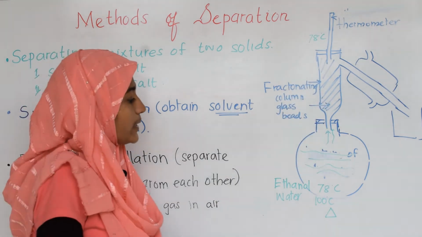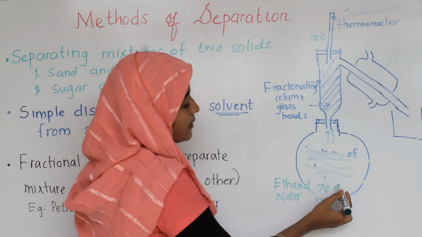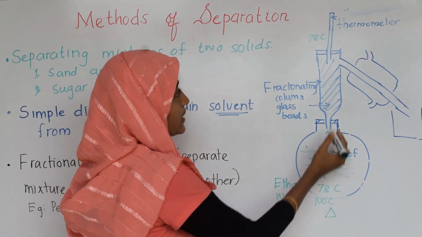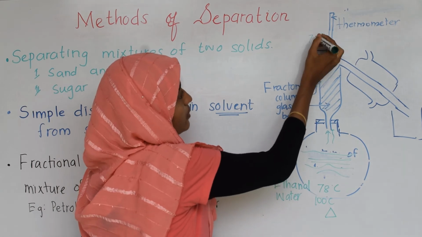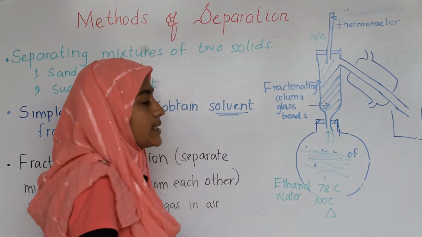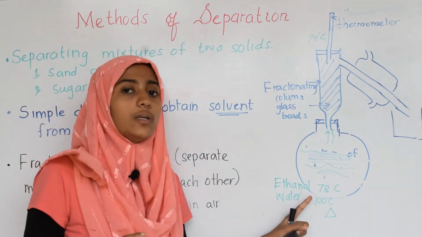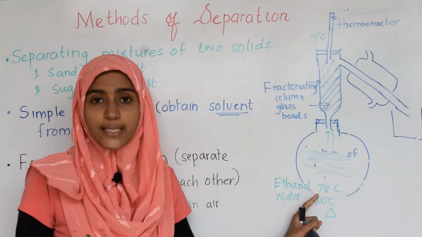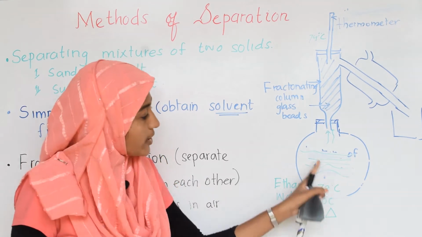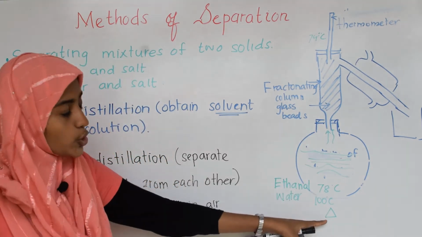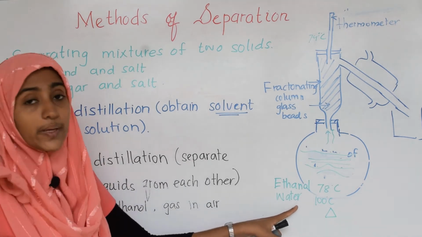So what happens when it gradually rises? Once all the ethanol is evaporated, the thermometer reading will rise to 79 degrees Celsius, let's say. Since ethanol has passed its boiling point, all the ethanol would have evaporated. So we can stop heating after that, because we don't want to heat the water.